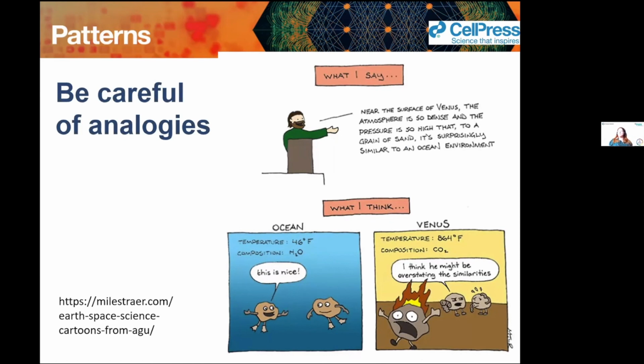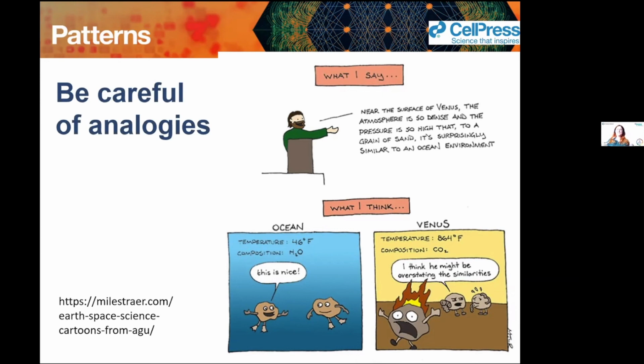So the ocean is temperature 46 degrees Fahrenheit, composition H2O, and then you've got your two grains of sand there going, oh, this is quite nice, isn't it? And then Venus actually is, the temperature is 864 degrees Fahrenheit, and the composition is carbon dioxide. That's completely different. So the analogy sort of works, but it also really falls down if you look at it in the right way.